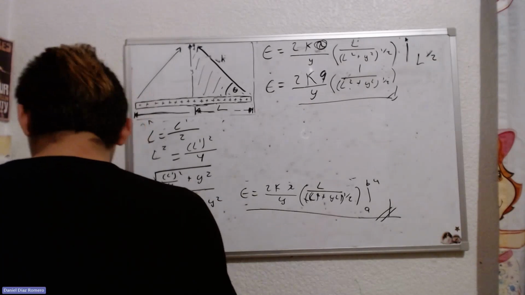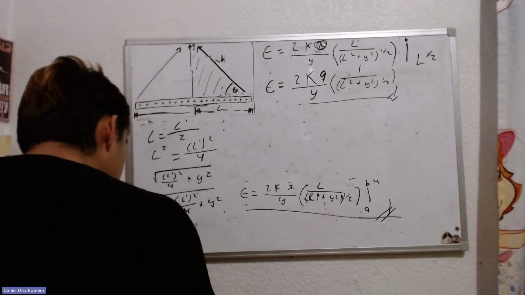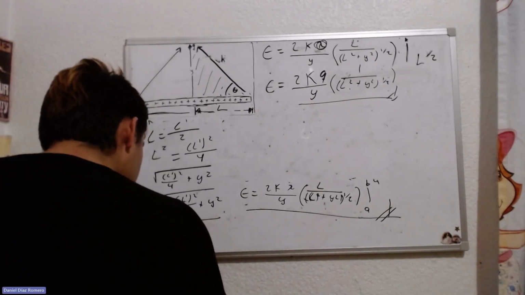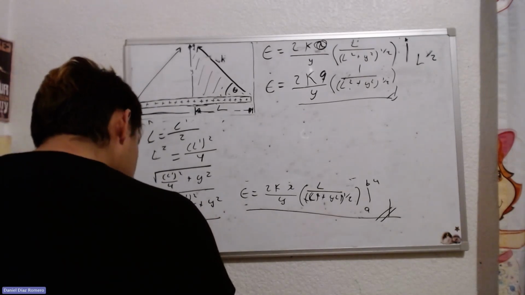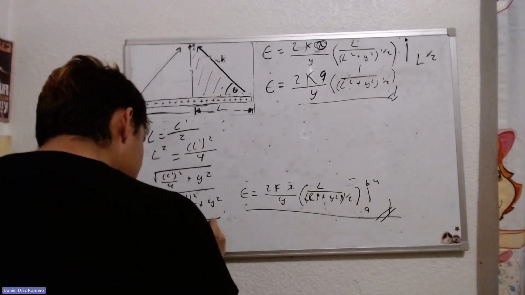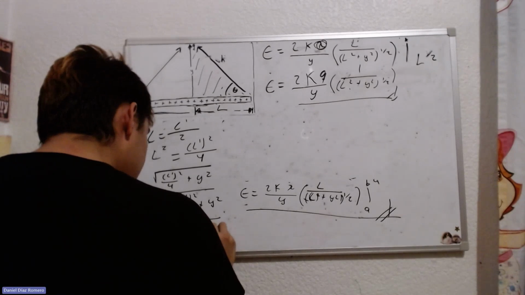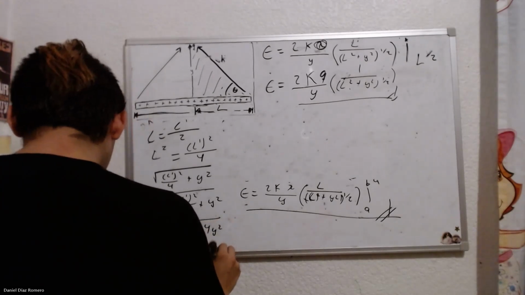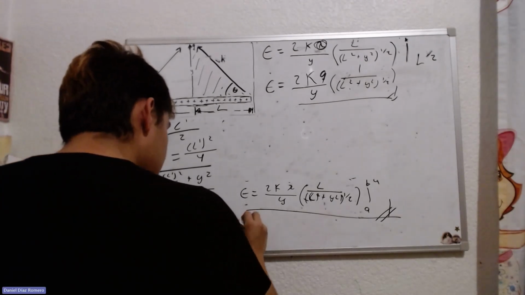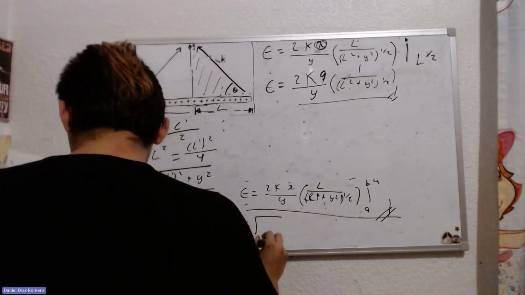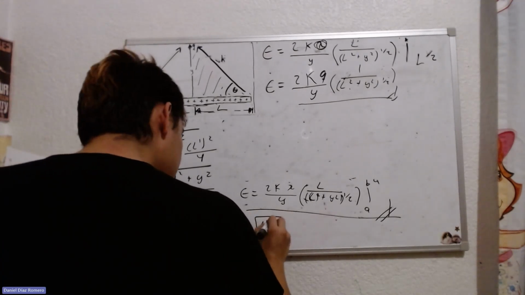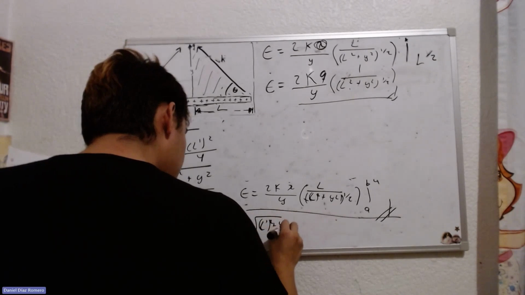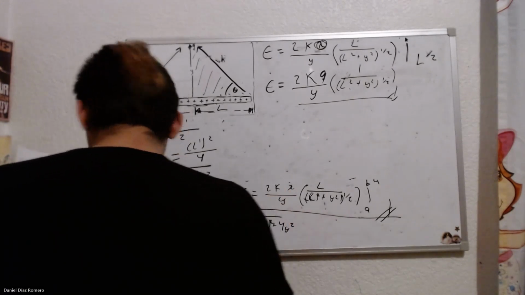These ones cancel out, so that results in 1/4 of L prime squared plus 4y squared. And this can be rewritten once again as 1/2 of the function of L prime squared plus 4y squared.